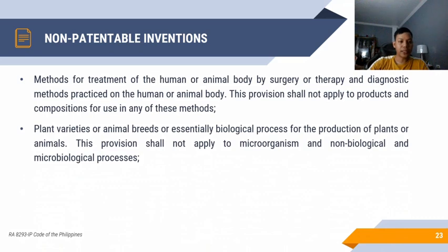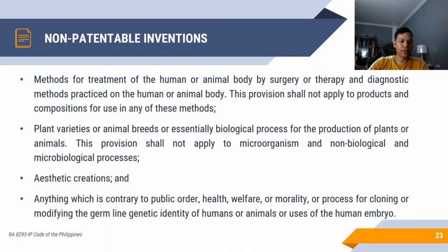This provision shall not apply to microorganisms and non-biological and microbiological processes. And also aesthetic creations. And lastly, anything which is contrary to public order, health, welfare, or morality, or processes for cloning or modifying the germline genetic identity of humans or animals, or uses of the human embryo.